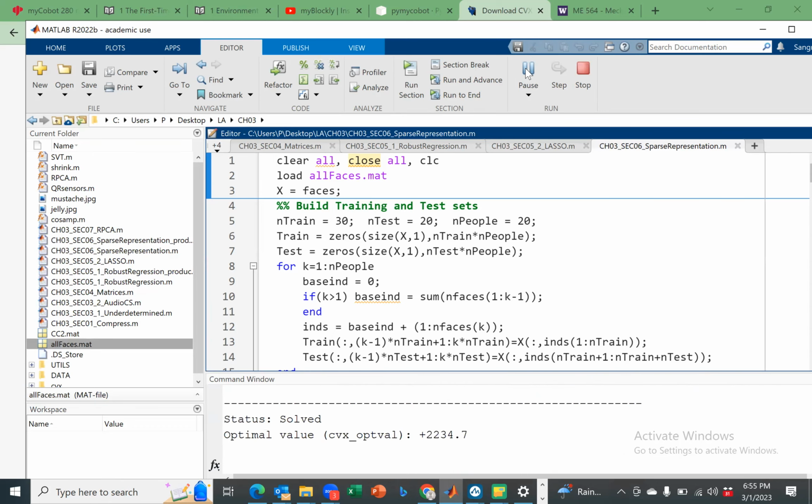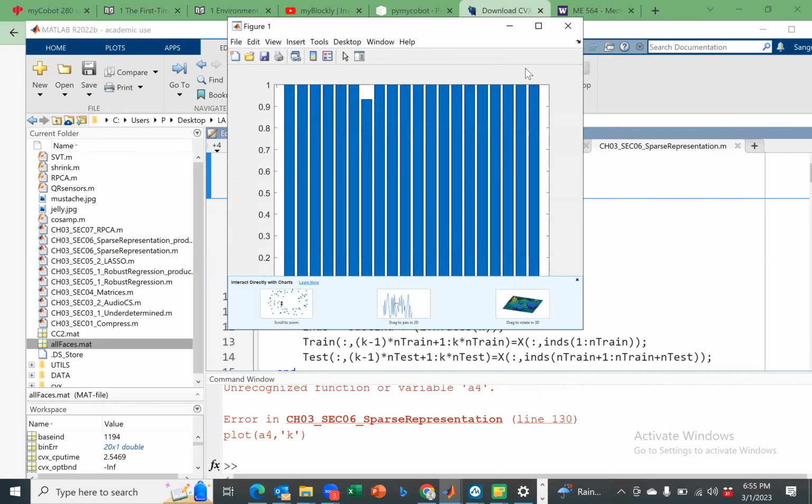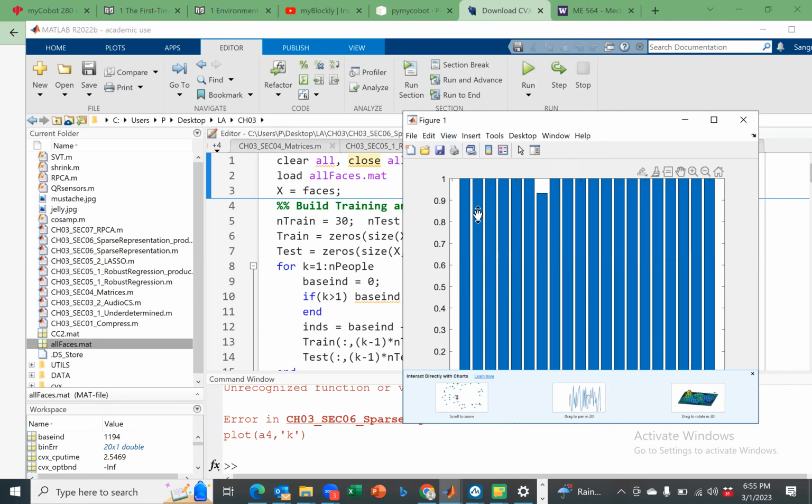And what we are going to do is reconstruct the sparse representation, and you will realize that you can collect a piece of the new face and then look at the similarity between the feature of the new face and the feature of the data set.